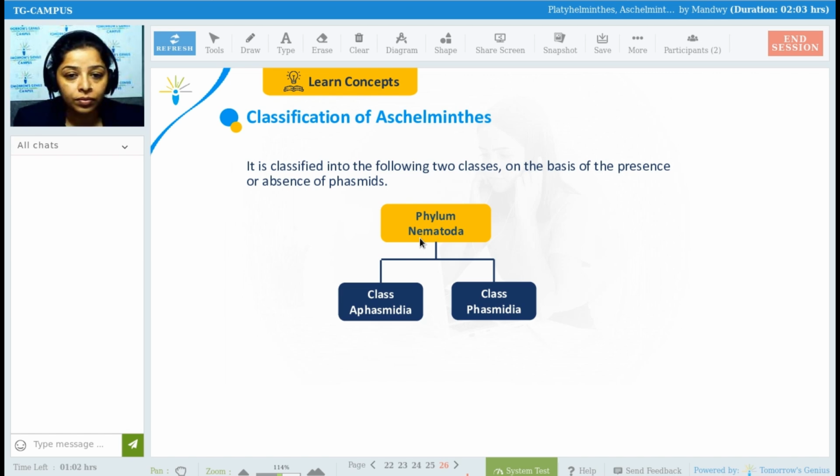Yes, ma'am, what you asked? What is phasmid? False feet is pseudopodia, ma'am. Sorry, false feet only you are asking, ma'am. Phasmid. Yes. What is phasmid?